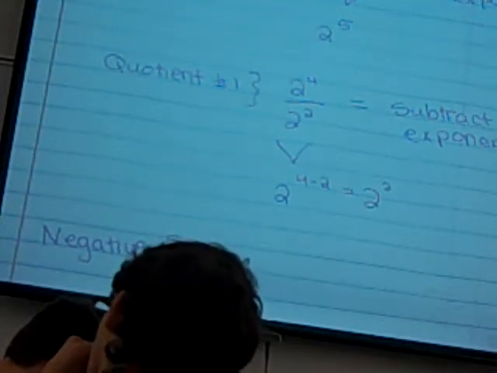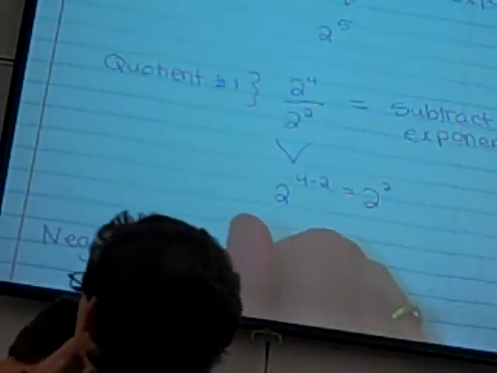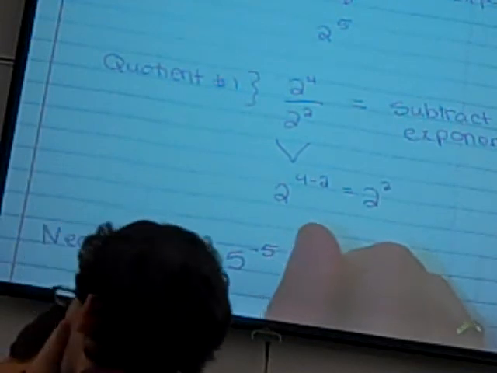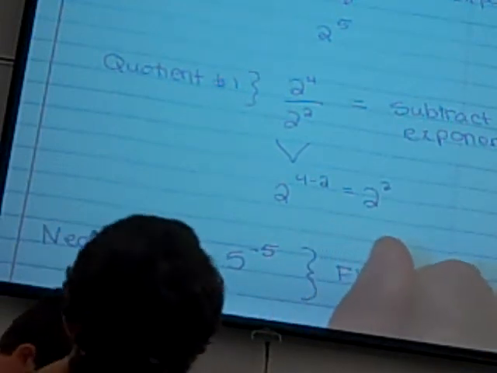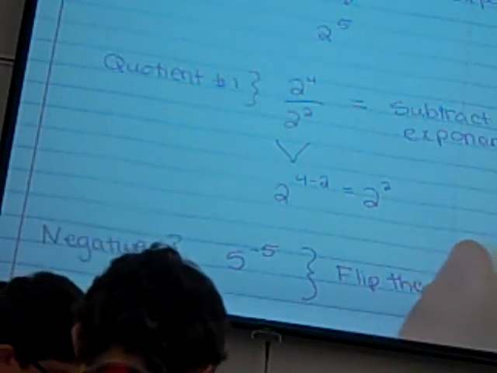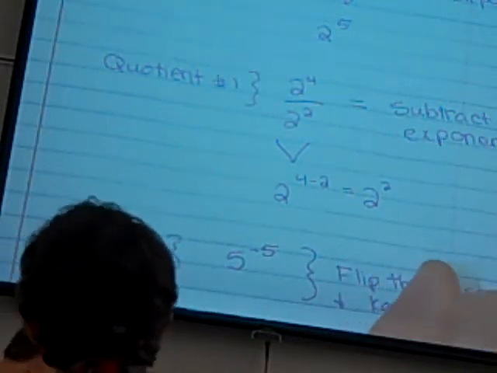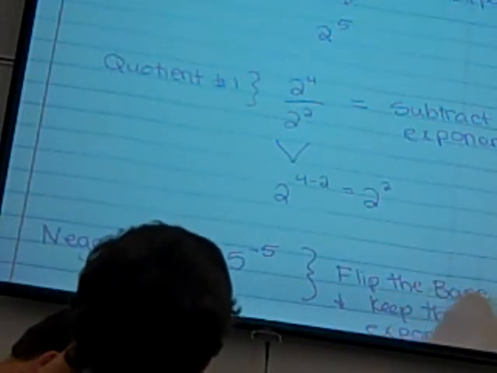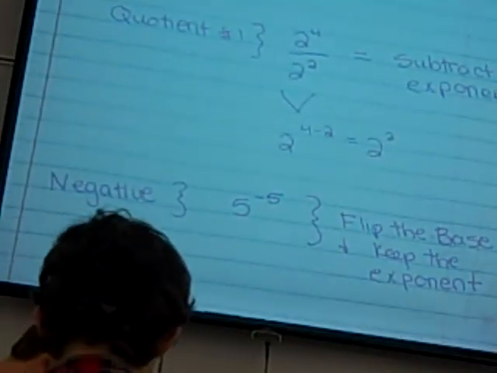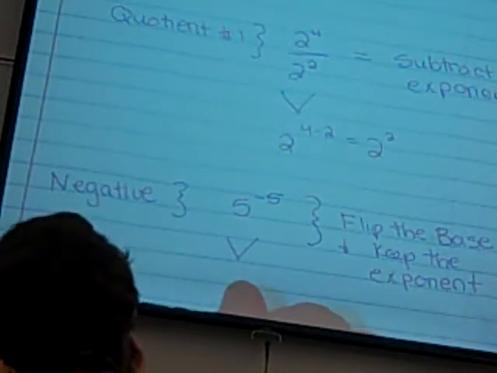So when you see a negative exponent, if I had 5 to the negative 5, what I need to think is flip the base and keep the exponent. That's all that negative sign means. So this then becomes 1 over 5 to the 5th on the bottom.